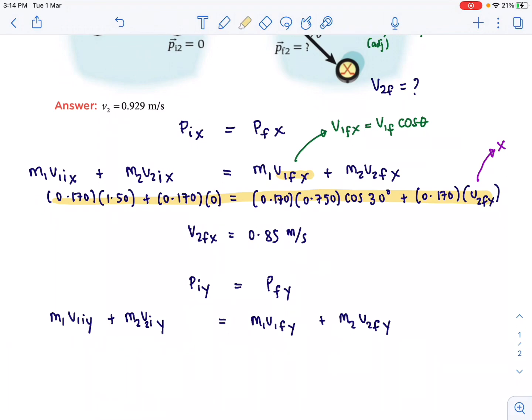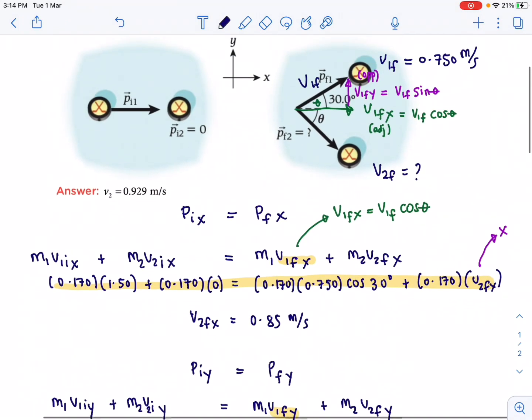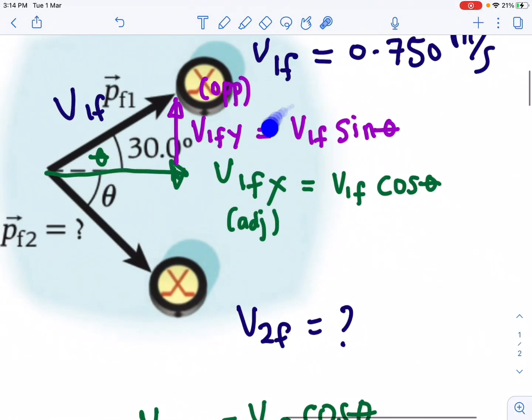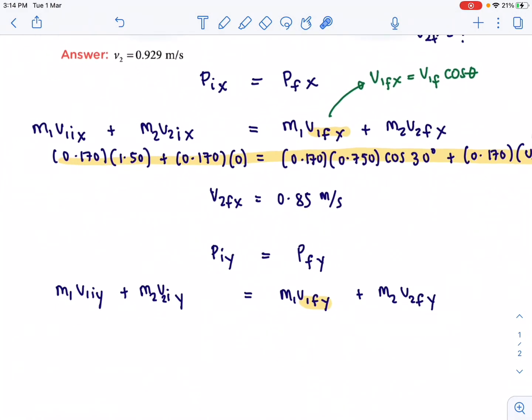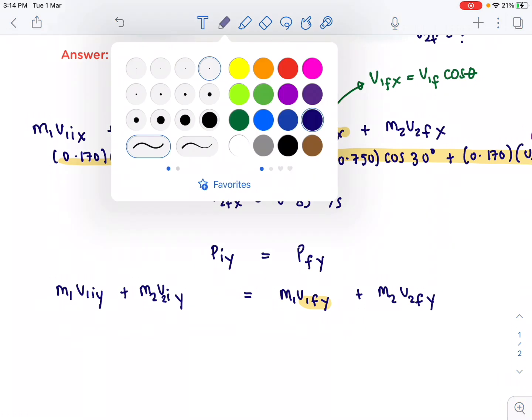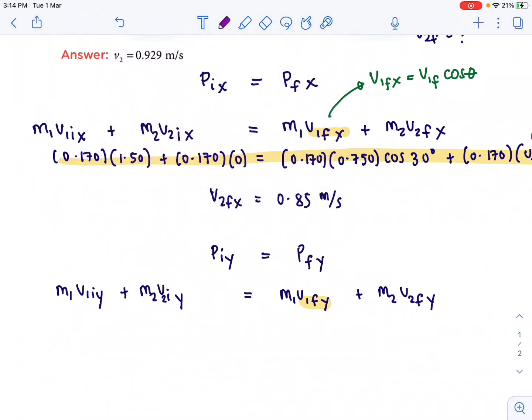And once again, my V1 final on the y-axis is equal to V1F sine theta. So I'm just going to substitute that there. Now I will substitute my values.